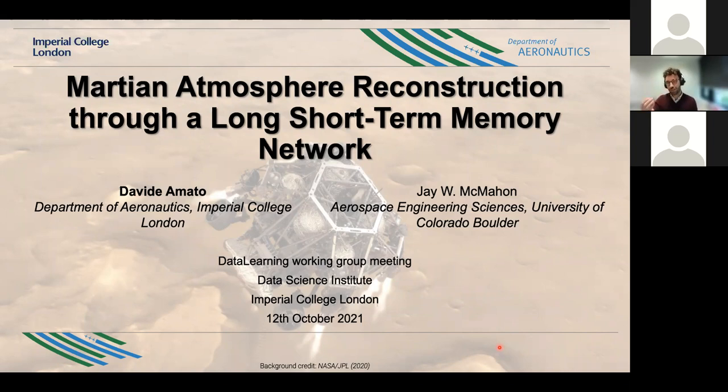I'll start by giving an overview of how entry-descent landing works, especially in terms of guidance, how we steer the vehicle around, and why we found the problem that needed a deep learning algorithm to be solved. And I'll just highlight some results and have a thorough discussion.